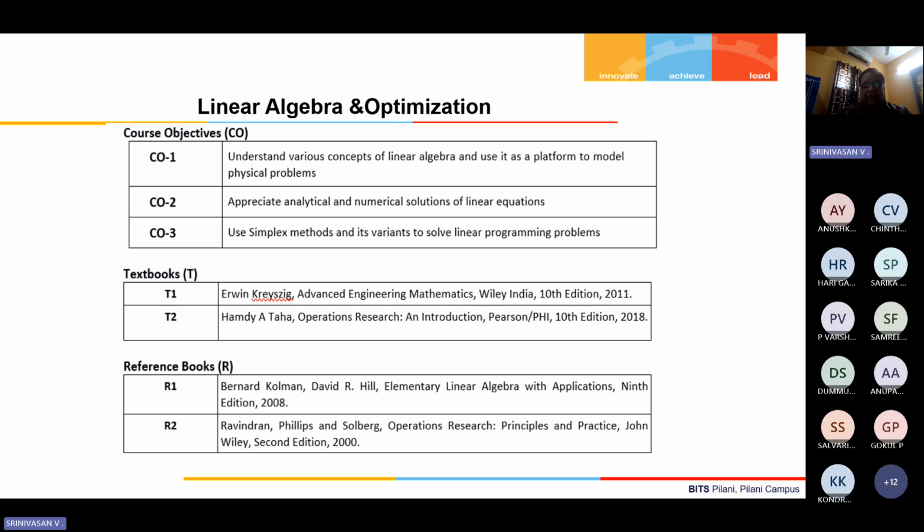After every session gets over, these PPT slides will be published in your MS Teams for your reference. Is it clear? Especially this being the first session, everything is there: the textbook, reference book names, course objectives, and the modules that are going to be covered in 16 sessions for this semester.